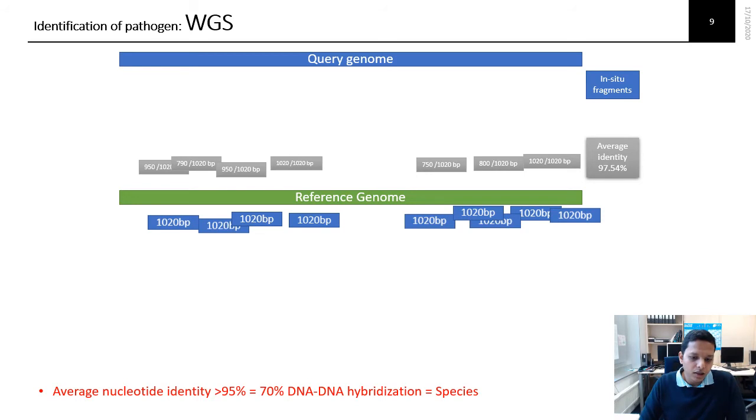Based on the classical 70% DNA hybridization technique, as you must be aware, that has been used to identify bacterial species, a large scale study shows that an average nucleotide identity of more than 95% defines a bacterial species. It means that if the query genome has more than 95% average nucleotide identity to the reference genome, the query genome belongs to the reference genome species.